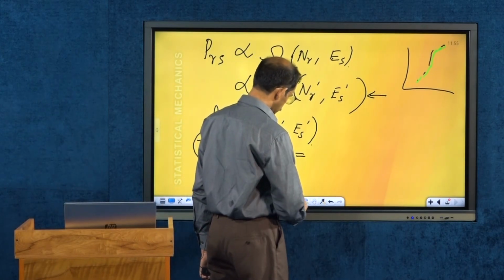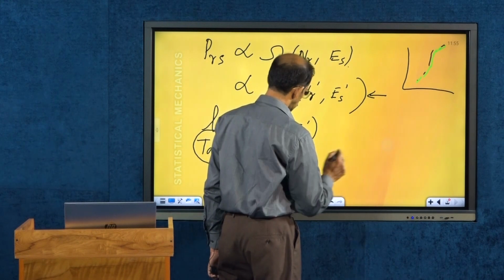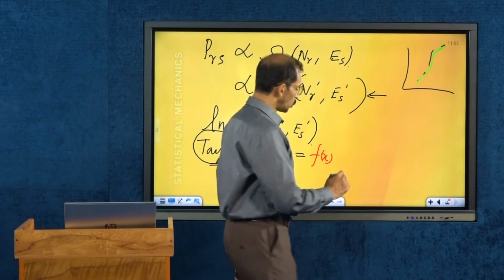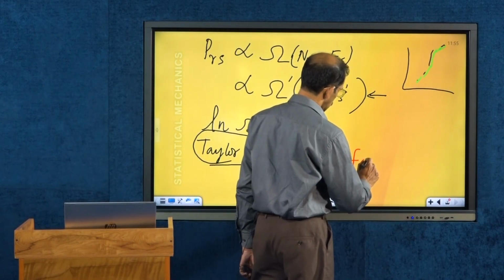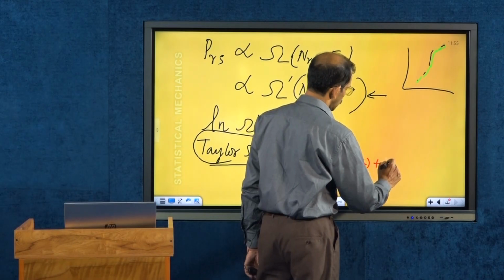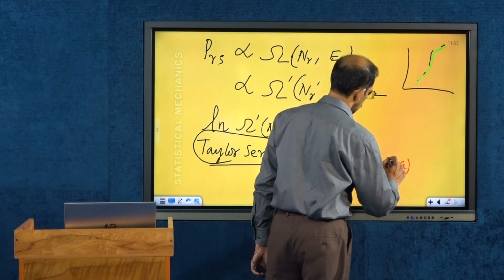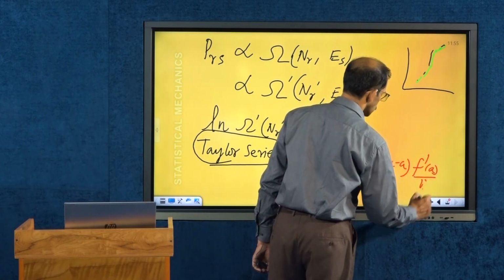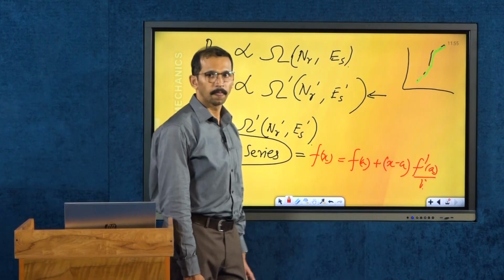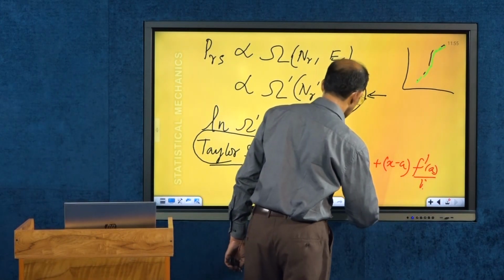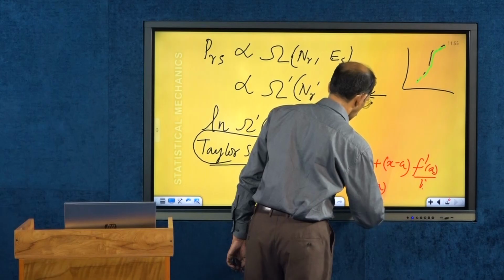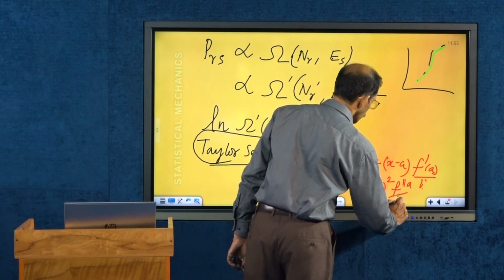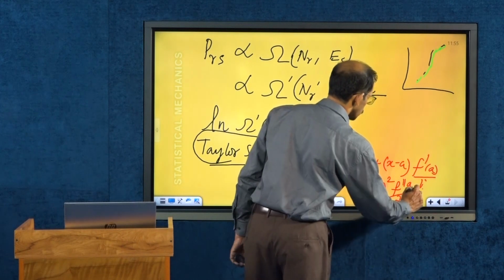If you remember, we have a function f(x) equal to f(a) plus (x minus a) into f dash a by 1 factorial, plus (x minus a) the whole squared f double dash a by 2 factorial, and so on and so forth.